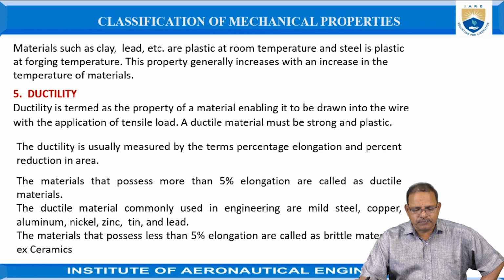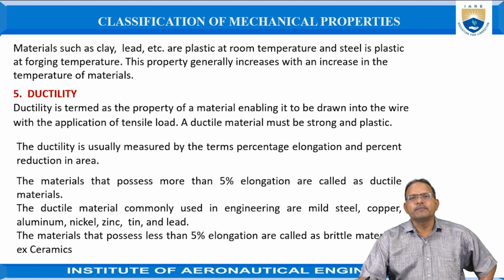Materials such as clay, lead, etc. are plastic at room temperature, and steel is plastic at forging temperature. This property generally increases with an increase in the temperature of the materials.